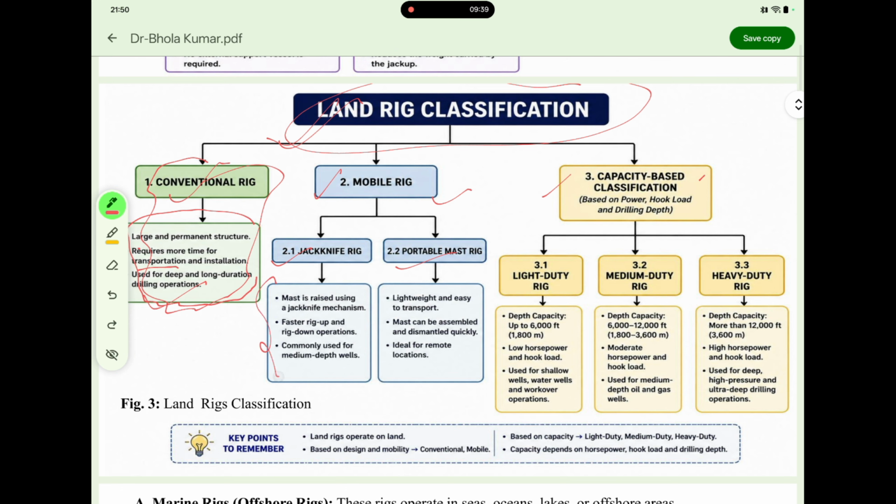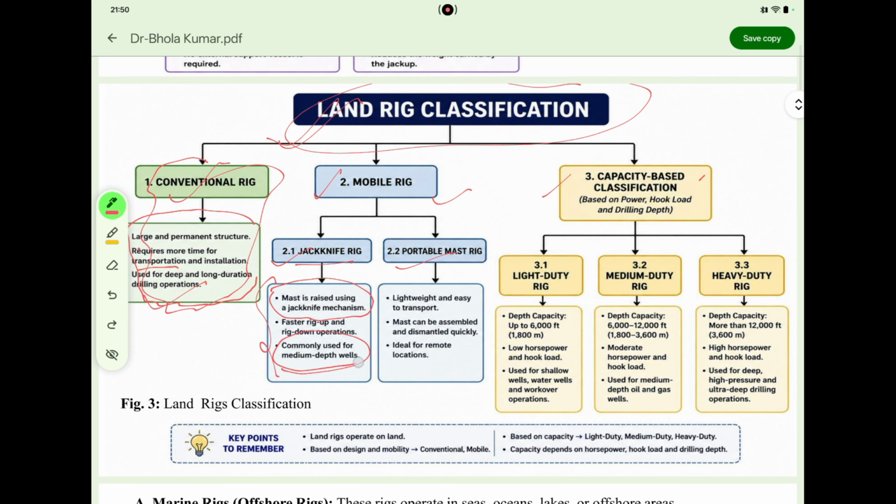Coming to the jack-knife rig, the height of the rig can be easily adjusted using the mechanism. If you want to raise the height of the rig, you can easily raise it, and if you want to lower it, you can easily lower it. It is commonly used for medium depth.